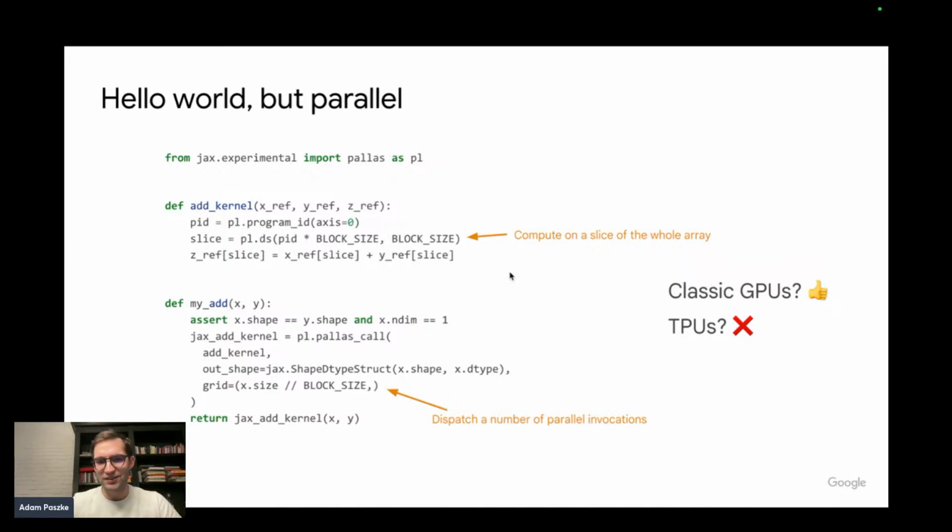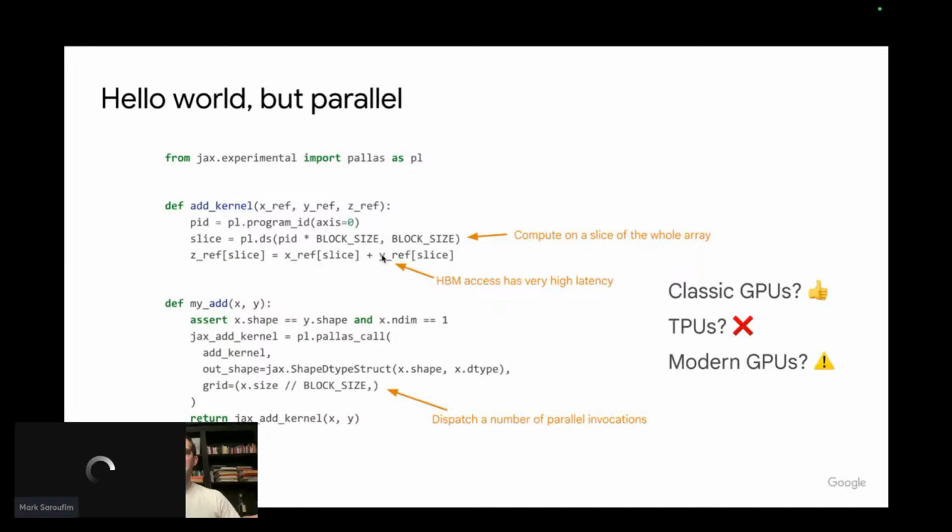And for TPUs, you can't rely on the same programming model that classic GPUs use. Essentially, this access here, those references, if they're in HBM, if they're in global memory, they have really high latency. And so classic GPUs played this trick where they would have a lot of work in flight, and they would make it go to sleep and then wake it up once the memory comes back.